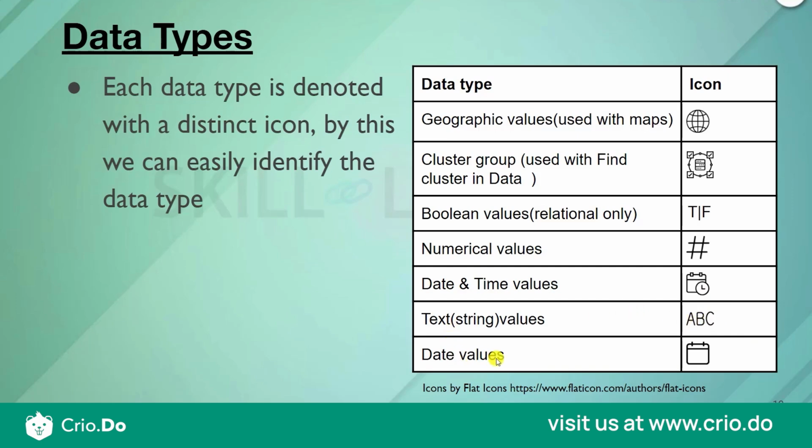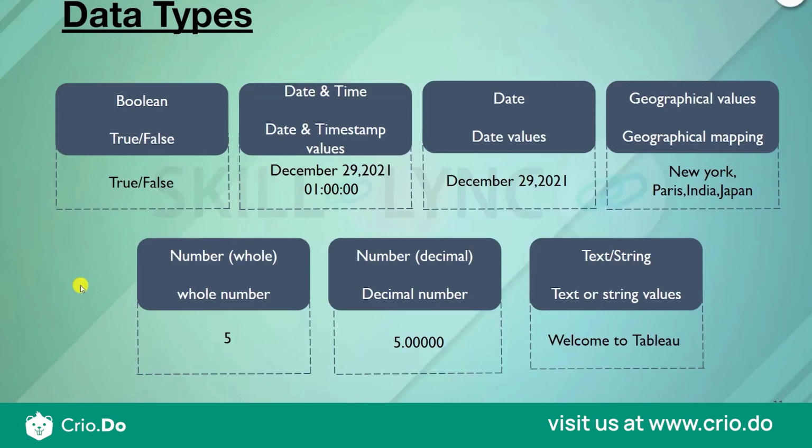In date values, we also have a date value without the timestamp. In that case, only the calendar icon would be seen, and this is the representation of that icon. We will take a few examples for each data type. In Boolean, we only have true or false, and that data type would be looking like this.